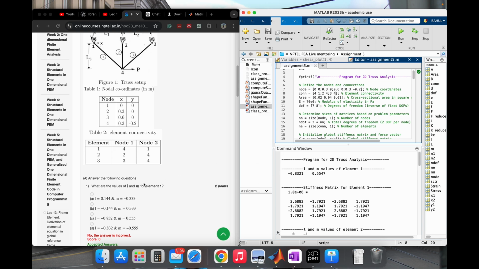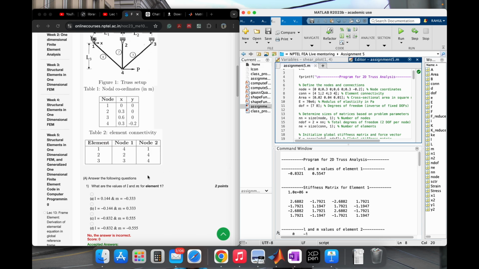Here you can see that it is already given that for element 1 we need to use nodes 4 1, for element 2 we need to use 2 4, and for element 3 we have to use 3 4.